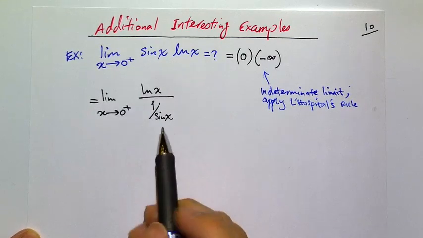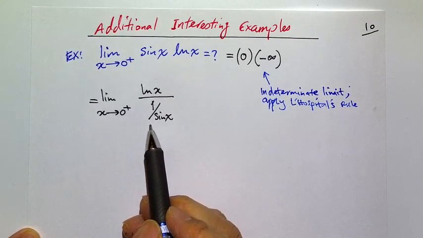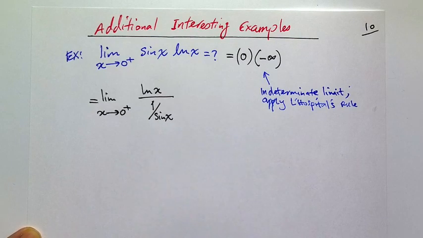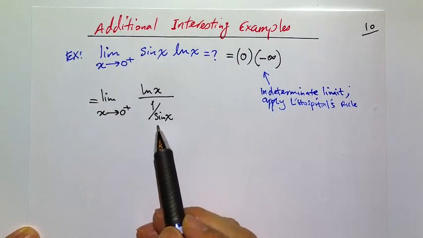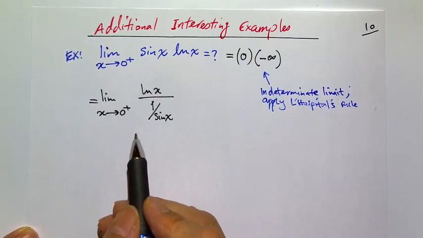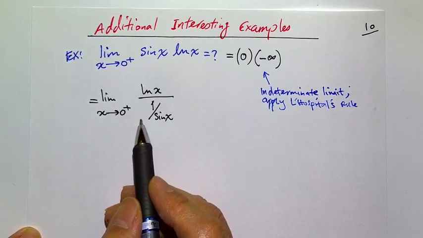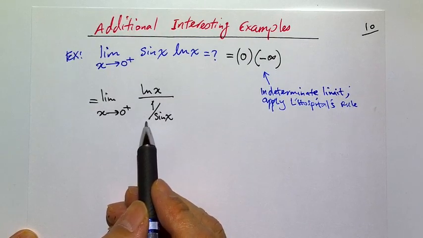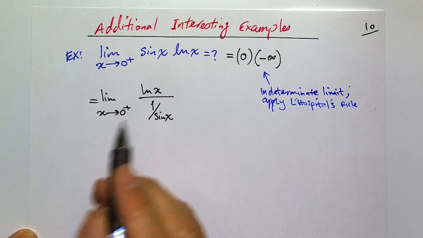We know that 1 over sine of x is equal to cosecant of x, right? So usually it's better to convert cosecant of x to 1 over sine of x, or secant of x to 1 over cosine of x. But in this case, we can convert this to cosecant of x. So let's do that.